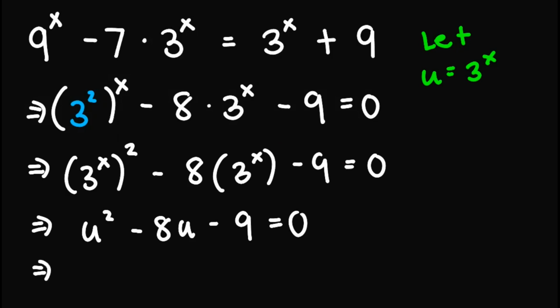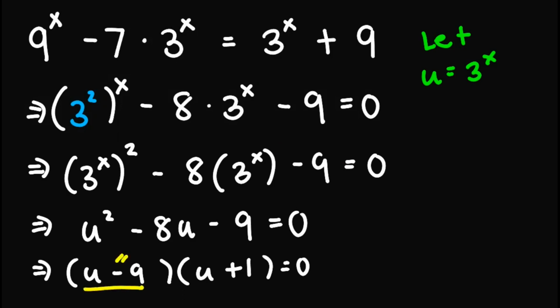This simply factors to u minus 9 and u plus 1. And from here, we know that either this is equal to 0 or this is equal to 0. So the first will give us u equals 9 and the second will give us u equals -1.